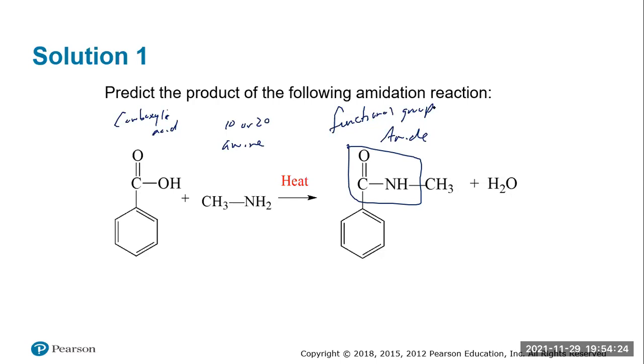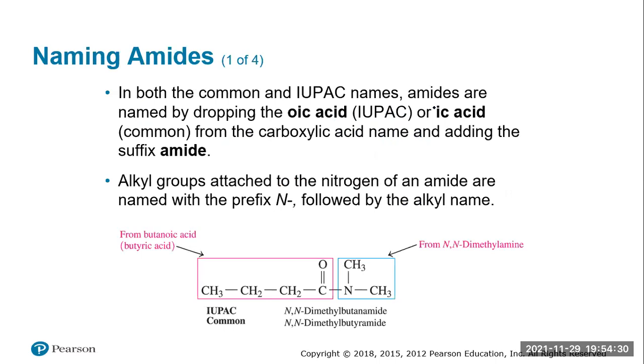All right. So in terms of the amide, this is how you go about naming it. In both common and IUPAC names, the amides are named by dropping the oic acid and putting the amide suffix. Again, here we have the groups attached to the nitrogen.